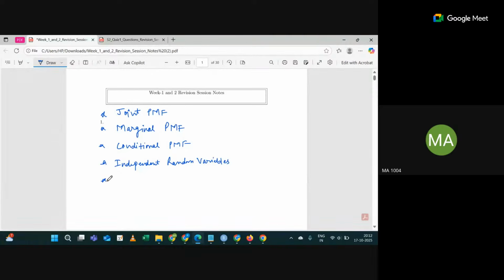Then there is something called IID. What is the full form of IID? Independent and identically distributed. Great. The final topic is from week 2, which is called function of random variables.